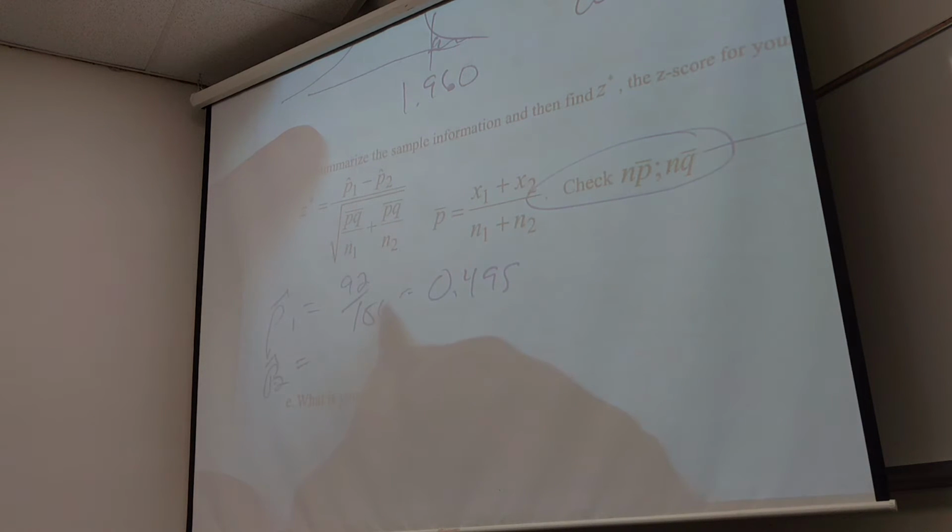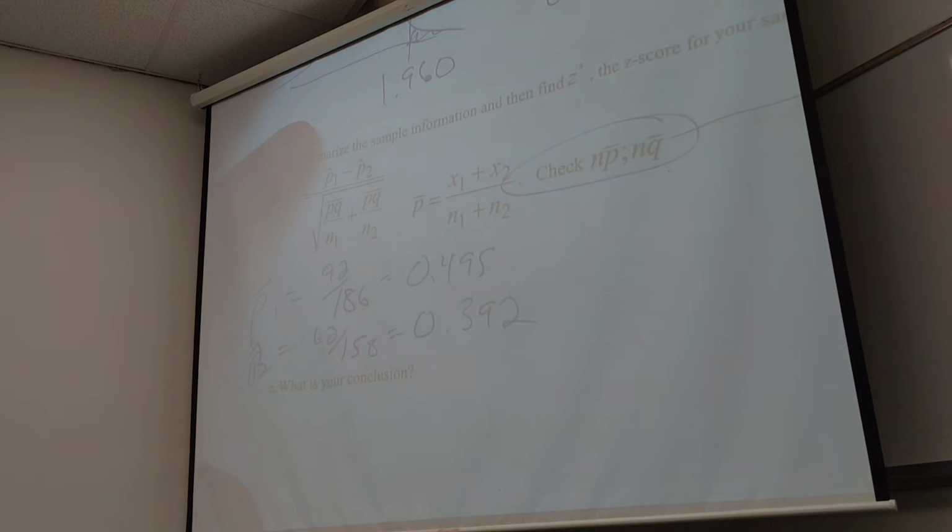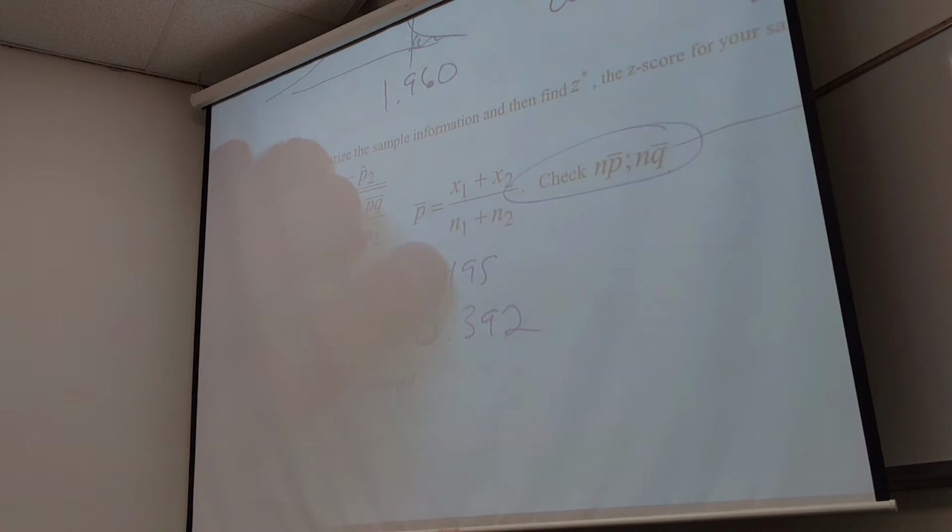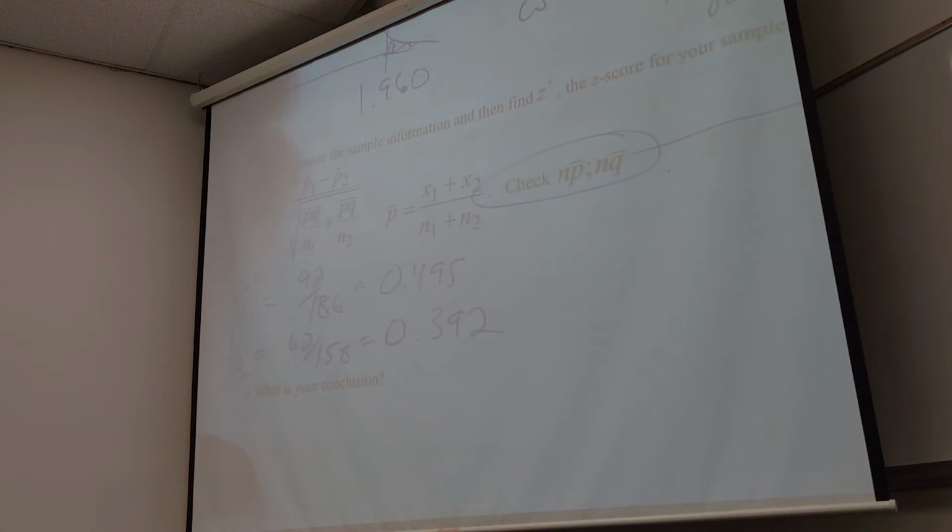And p hat 2 is 62 over 158, which is 0.392. That's pretty different. It's been a while since I did this worksheet. But when you say that's a 10% difference, that's pretty substantial, right? But we're not exactly sure yet. The z-score will tell me if they're different enough.